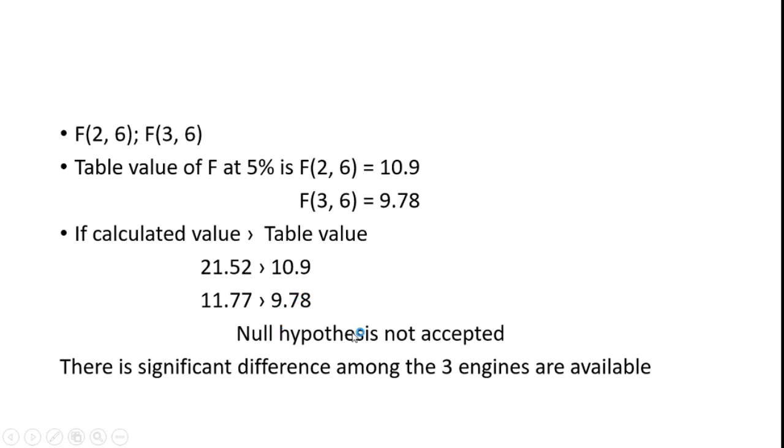So the null hypothesis is not accepted for further identification because it does not satisfy my assumptions. According to my assumptions, it is not accepted. There is significant difference among the three engines because my assumptions are not satisfied with the calculations and the normal distribution table. So there is significant difference among the engines.